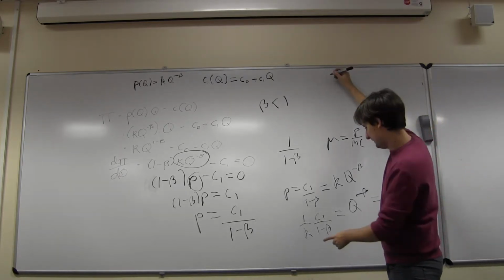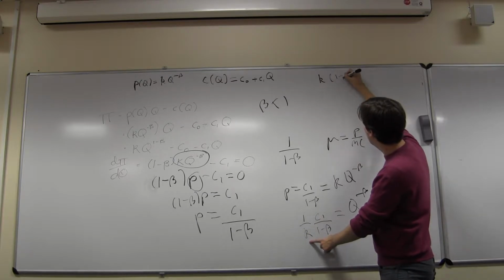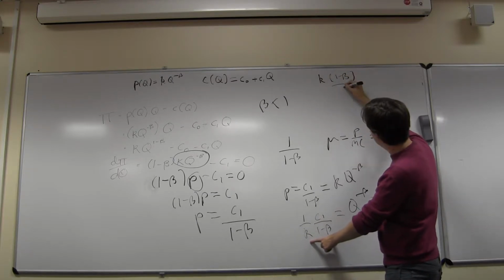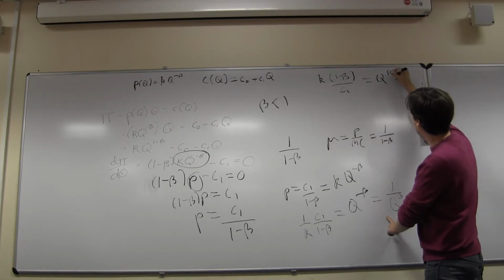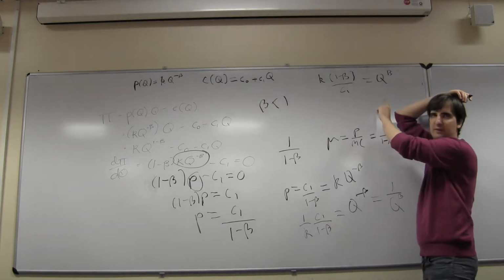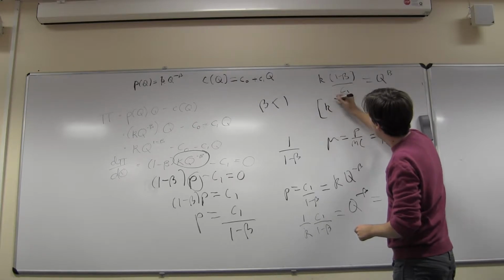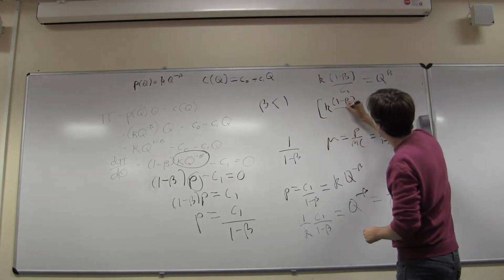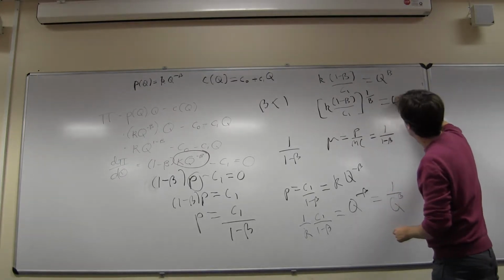K times 1 minus beta over C1 is equal to Q to the power of beta. And then to get rid of the power of beta, we raise both sides to the power of 1 over beta. So it's not particularly nice, but Q is K times 1 minus beta all over C1, to the power of 1 over beta.